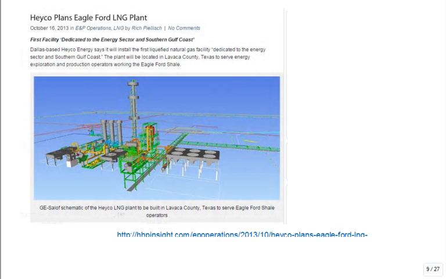So this is a discussion of that same plan for the Eagle Ford LNG plant. It's a first facility dedicated to put LNG into the energy exploration, extraction sector. So it's dedicated not to move liquefied natural gas where they can't construct a pipeline.